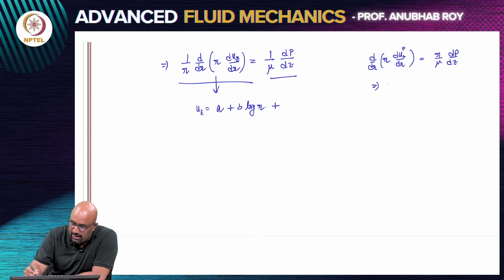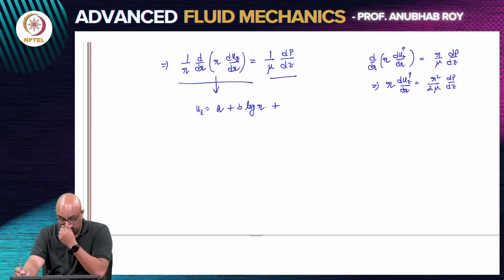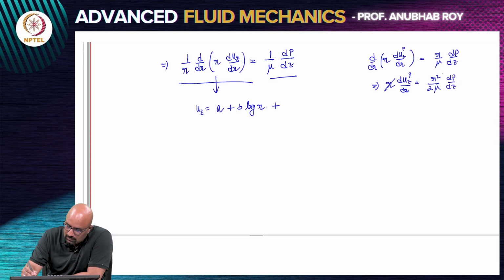Now, I can integrate this once and I get duz dr. The particular solution is R square by 2 mu dP by dz. Then I do an integration once more and I get R square by 4 mu.